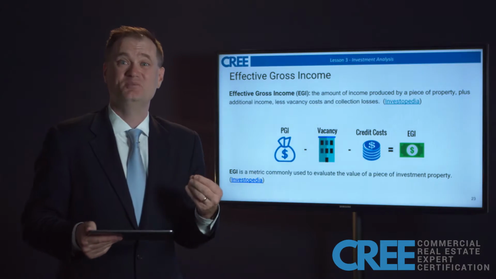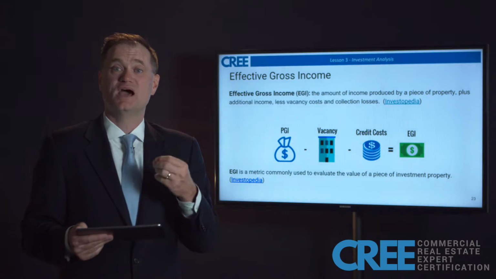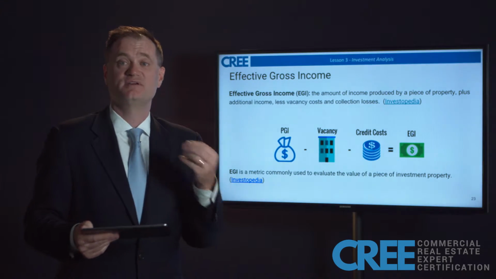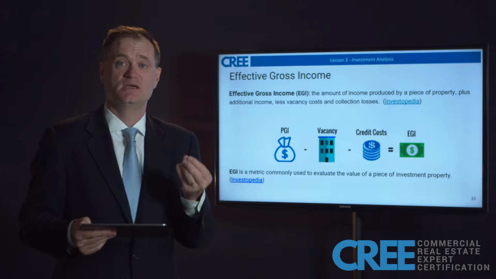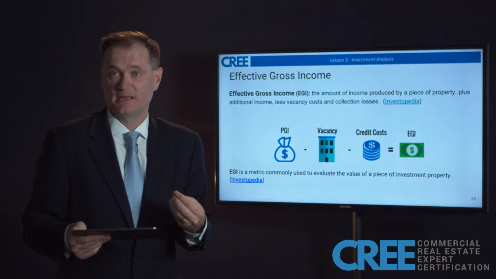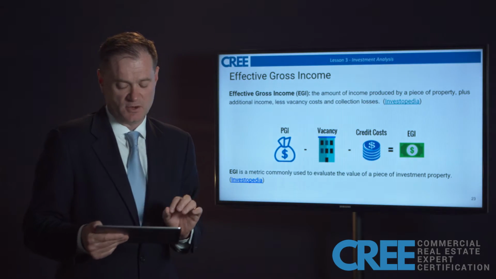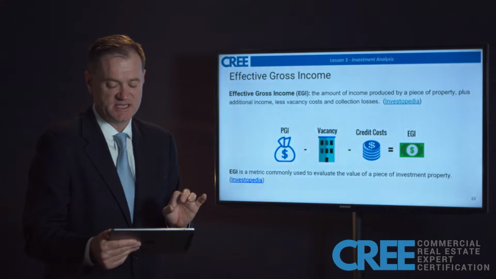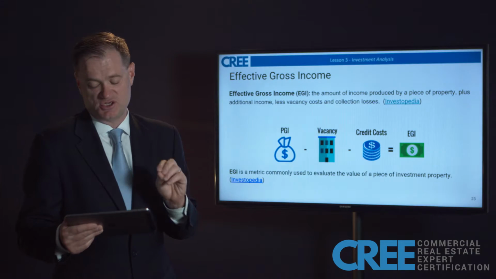We added in a little bit of that additional parking revenue and that storage revenue, and then we got our total EGI. That's our effective gross income. And that should match up with what the owner is actually taking home every day or bringing into the account before they pay their expenses. So PGI minus the vacancy minus any credit loss equals the EGI.